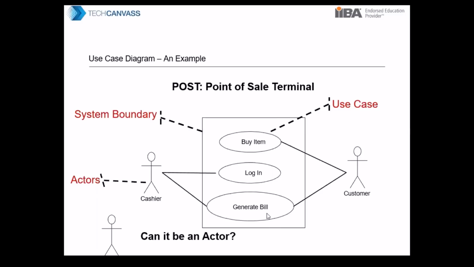Whose responsibility is this? Obviously the cashier. But who is going to get this bill? The customer. So you can see that in generate bill, on one side you have the cashier, on the other side you have the customer. Now the question was, can a financial accounting system, which is a separate software system, be an actor? What do you think?